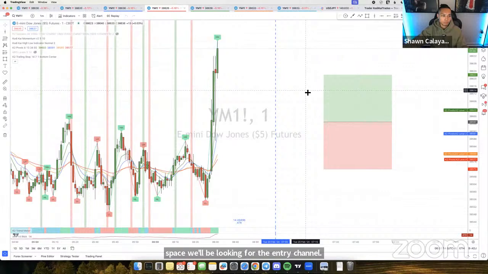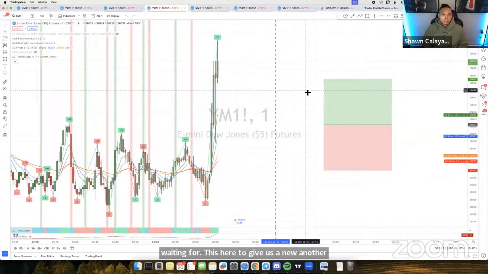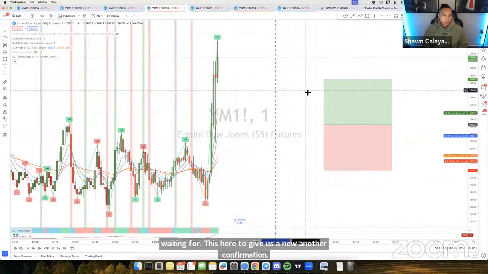All right, so possible space here. Another pending buy signal. So again, we're just going to be waiting for this here to give us another confirmation. So either space or a buy signal.